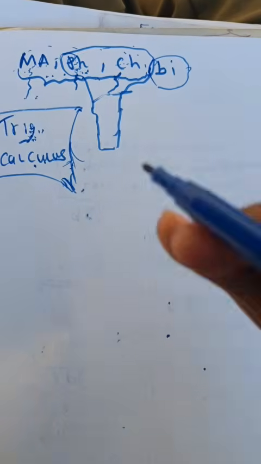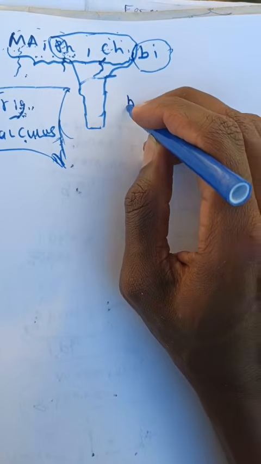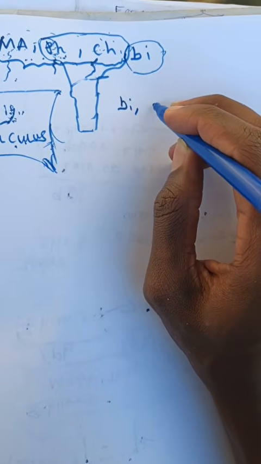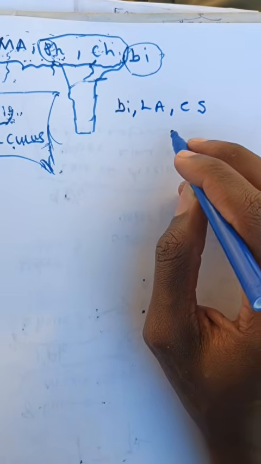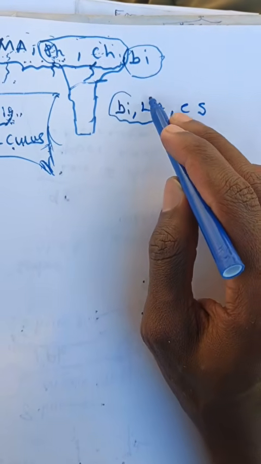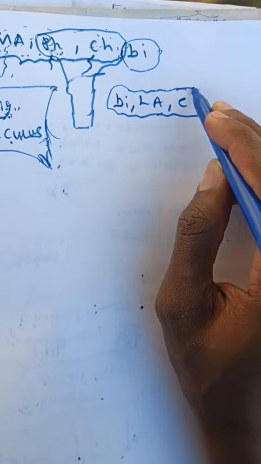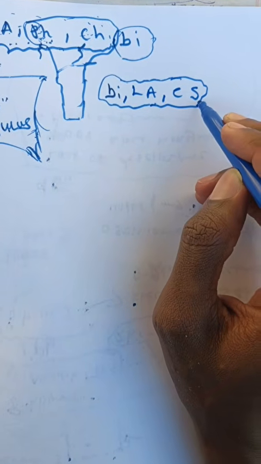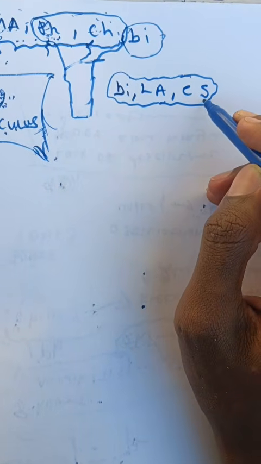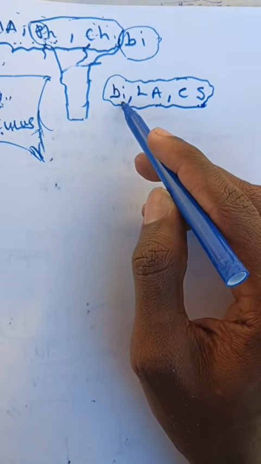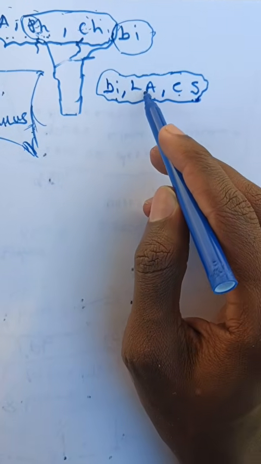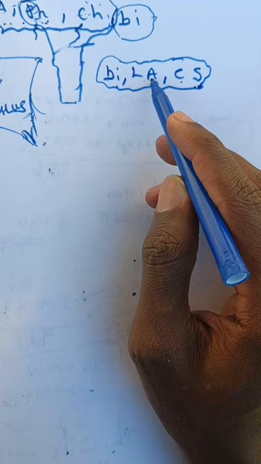Now, I know some of you still want to ask me, sir, how about biology? How about LA? How about computer? If I were to tell you that you can major, trust me, I'm trying to risk your academics, because for these three courses, I don't think there is a certain format which they have been following.